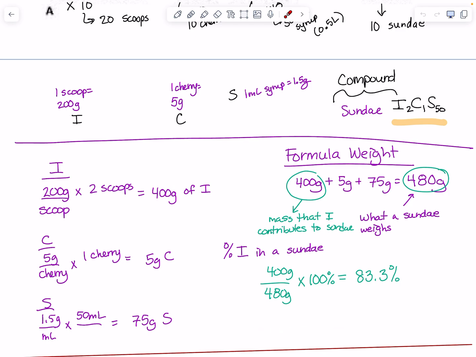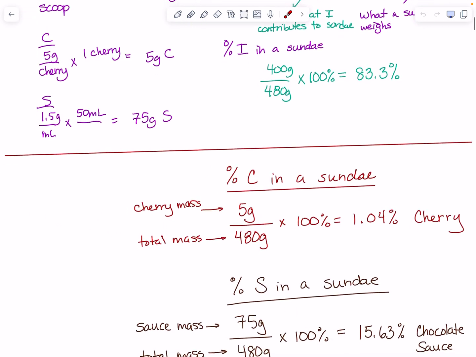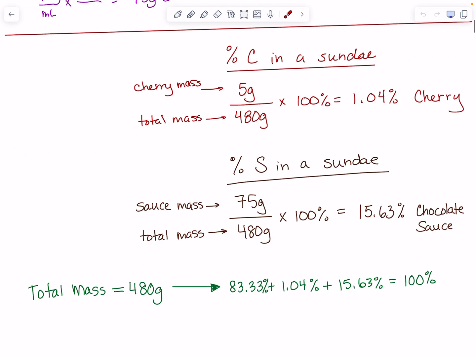So we created the element symbol I for ice cream. And I told you to see if you can figure out the percent composition for the cherry and the chocolate sauce. Those are right here.